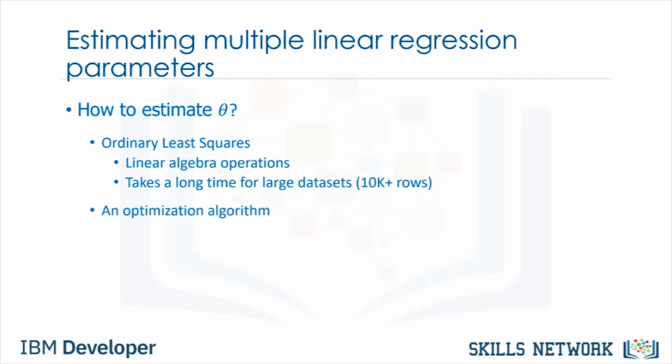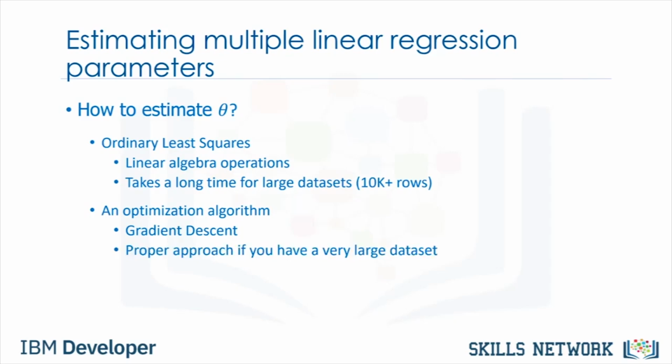The second option is to use an optimization algorithm to find the best parameters. That is, you can optimize the values of the coefficients by iteratively minimizing the error of the model on your training data. For example, you can use gradient descent, which starts optimization with random values for each coefficient, then calculates the errors and tries to minimize it through wise changing of the coefficients in multiple iterations.